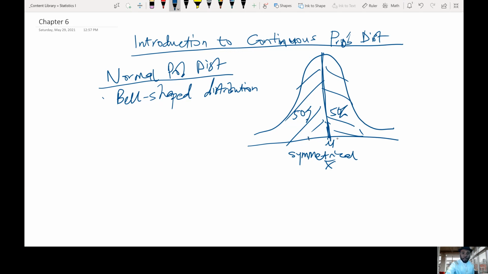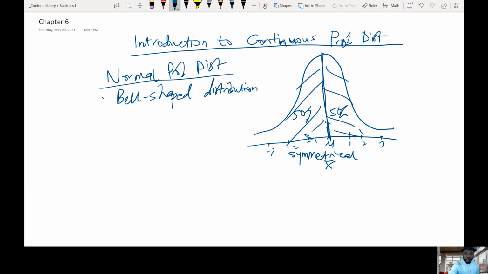So let's say this is one standard deviation, negative, -1, this is 1, -2, -3, 2, 3. So this point to this point are equidistant on either side. So the mean, median, and mode are equal.